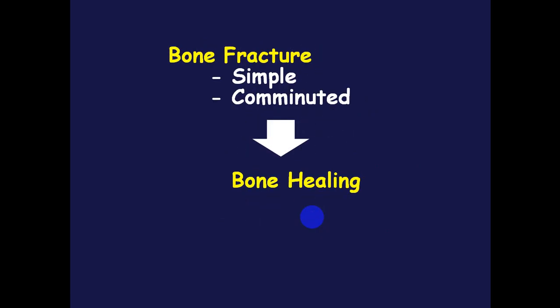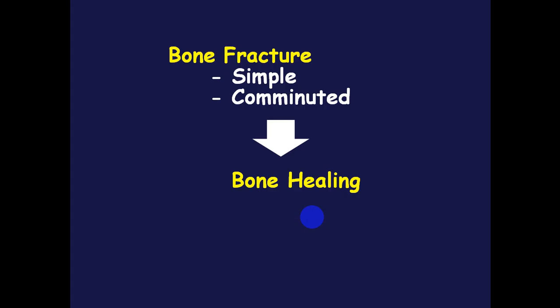So these are the most common findings and common processes that represent the bone response to lesions, to injury. First is healing after bone fractures. As you know, there are many types of bone fractures, right?